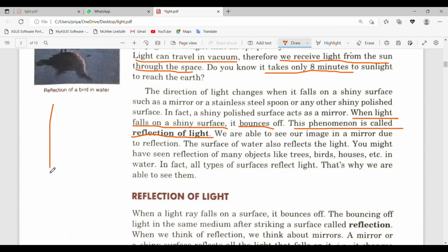See, this is a polished surface, or we can say this is a mirror. This is the ray of light which is falling on the mirror. What will happen? Though the surface is shiny and polished, the light will reflect back. This bounce back phenomenon of light is known as reflection of light.